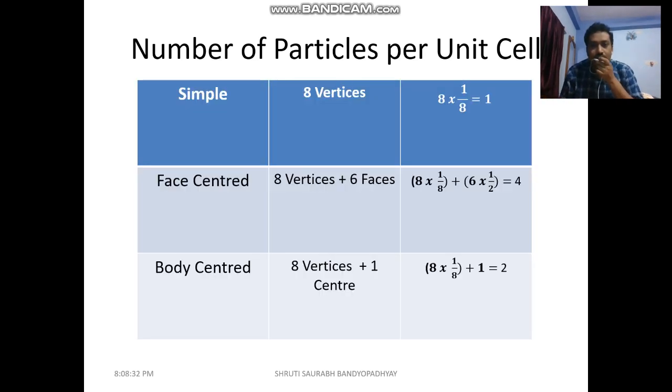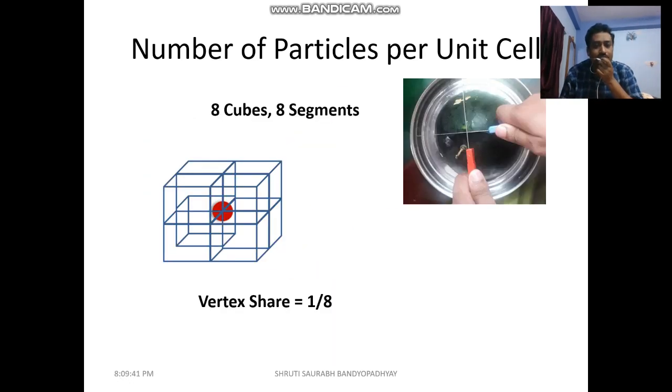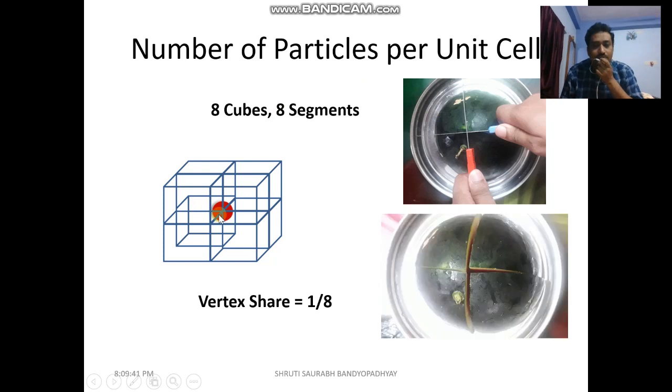So in summary, in a simple cubic unit cell which has particles at 8 vertices only, the total number of particles per unit cell is 8 into 1 by 8, because there are 8 vertices in a simple cubic unit cell. You see 8 vertices: 1, 2, 3, 4, 5, 6, 7, 8.